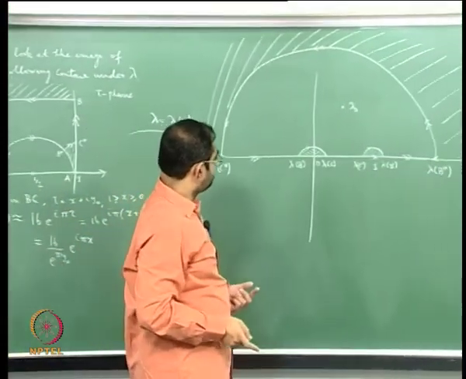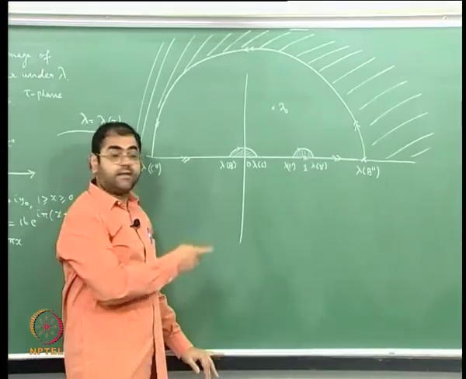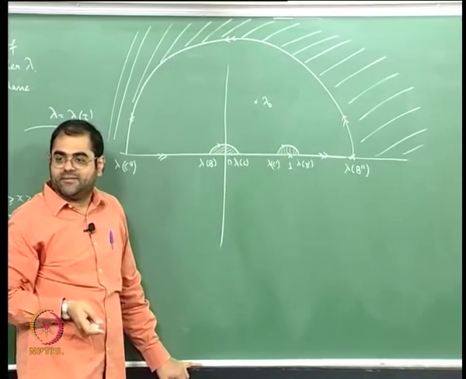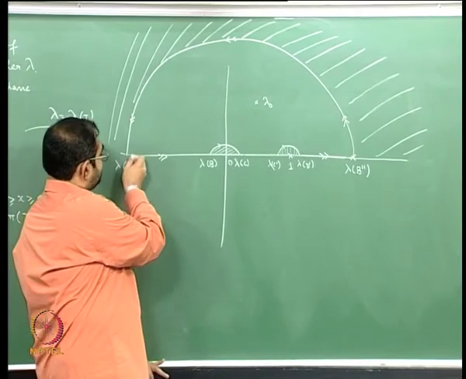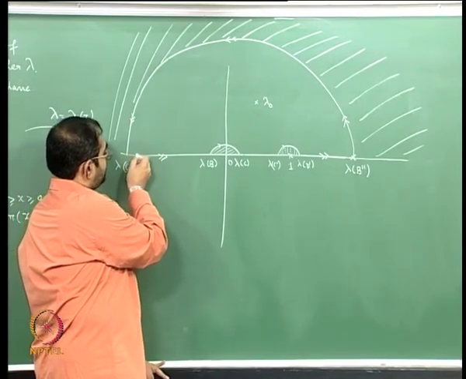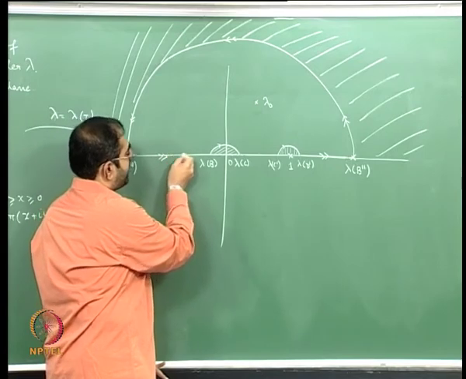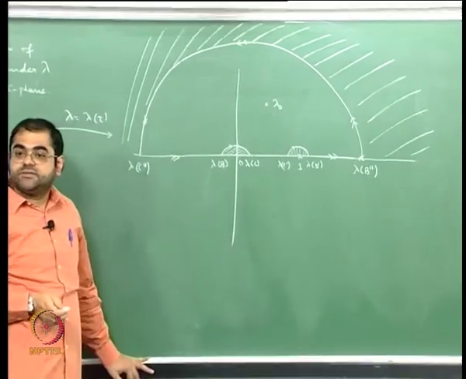In fact this proof also tells you that lambda is monotonic on the boundary. So there is no question of lambda going somewhere like this, stopping at some point, then going back and then going forth. Such things do not happen.